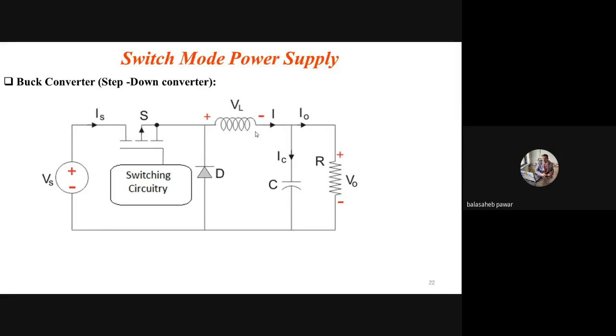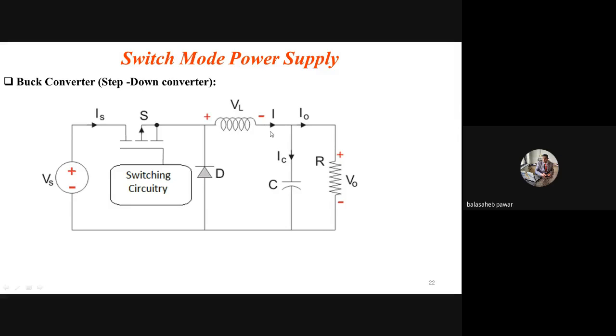I already explained it when I taught the tank circuit, LC circuit. So see, this is the property of the inductor. When the current flowing through the inductor gets stopped, immediately the stored energy polarity gets reversed. That means negative will appear towards the left hand side and positive will appear over here.